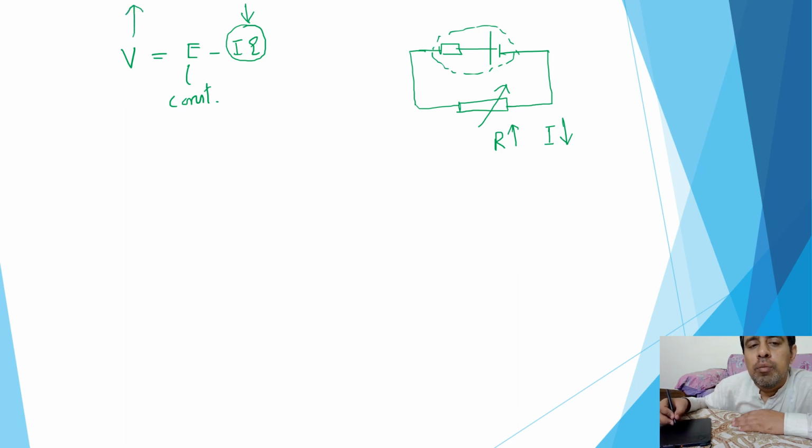So the terminal potential difference increases. And if we have a decrease in the resistance, then there is an increase in the current and this value Ir increases and hence the terminal potential difference falls. A similar concept is used while solving past paper questions.